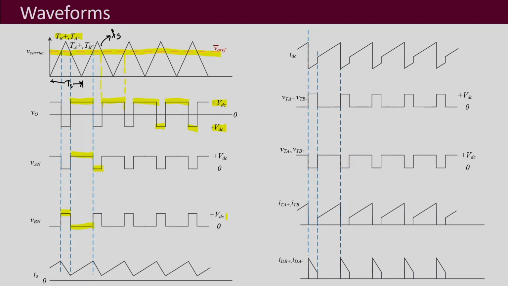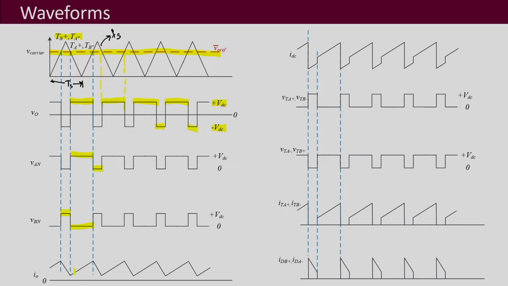Then the load current. For the waveforms shown here, it is assumed that the load current is all throughout positive, it is not going negative. Do not think that that is always the case; it may become positive or negative, depending on the load and also on the output voltage.